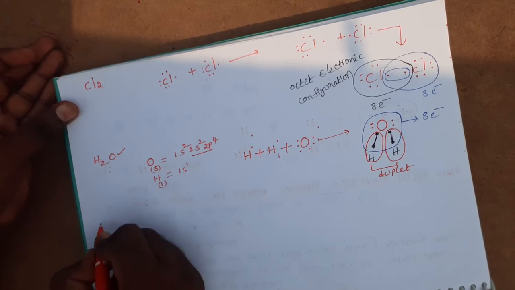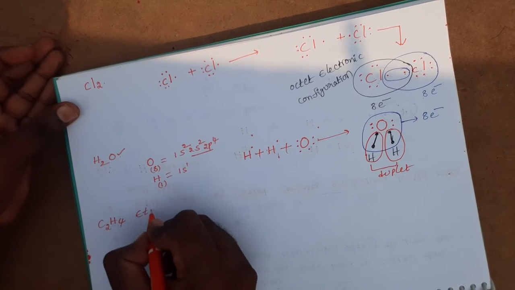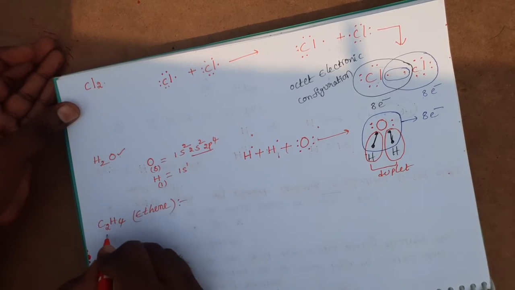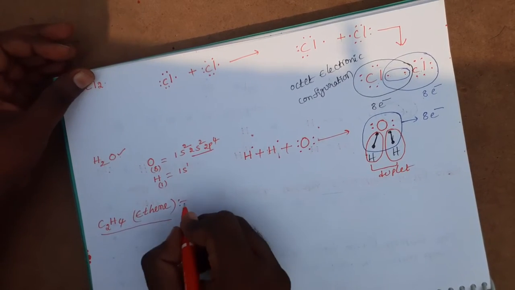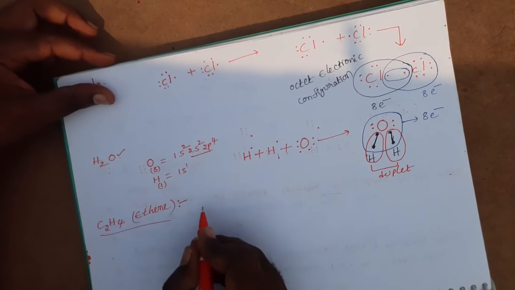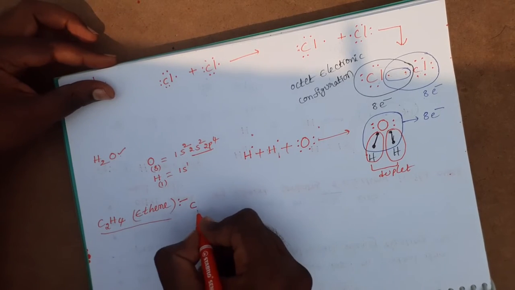And after this we can follow NH3. Like for example, we can consider C2H4. This is called the ethene or ethylene molecule. First, according to these rules, we depend on valence electrons, and we write any molecule structure based on the central atom. For any molecule we count the total number of valence electrons present in each element. See, here how many carbon atoms are there? 2 carbon atoms.